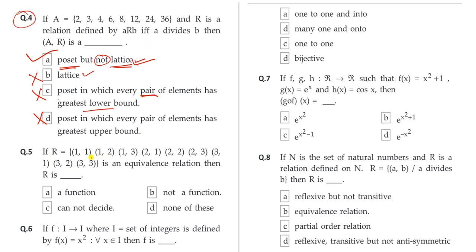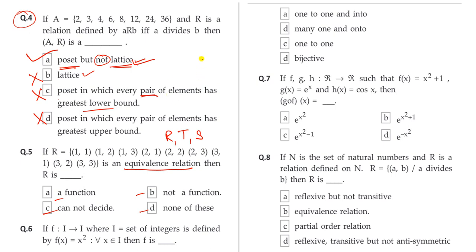And the next one: R equal to {(1,1),(1,2),(1,3),(2,1),(2,2)} is an equivalence relation. Equivalence relation means it is reflexive, transitive and symmetric. So (1,1) is reflexive. Then the options: R is a function, not a function, cannot decide, or none of these. So you know the function.